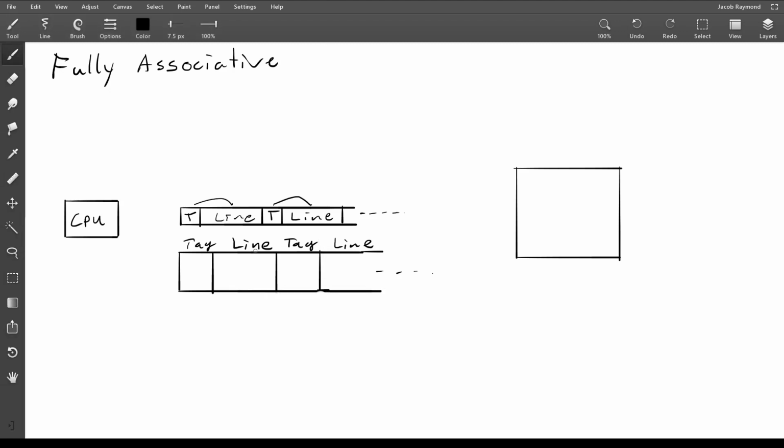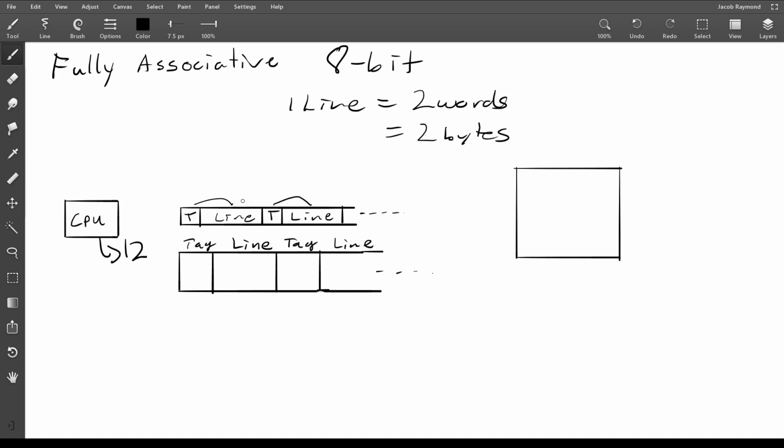So now, with a fully associative cache, let's say we say, okay, give me address 12. And we're going to use the same 8-bit computer, one line equals 2 words, which is the same thing as 2 bytes, right? Because 8 bits. So each of these lines here is going to hold 2 bytes. So let's say, again, we access memory location 12. Well, now we don't have an index portion, right?